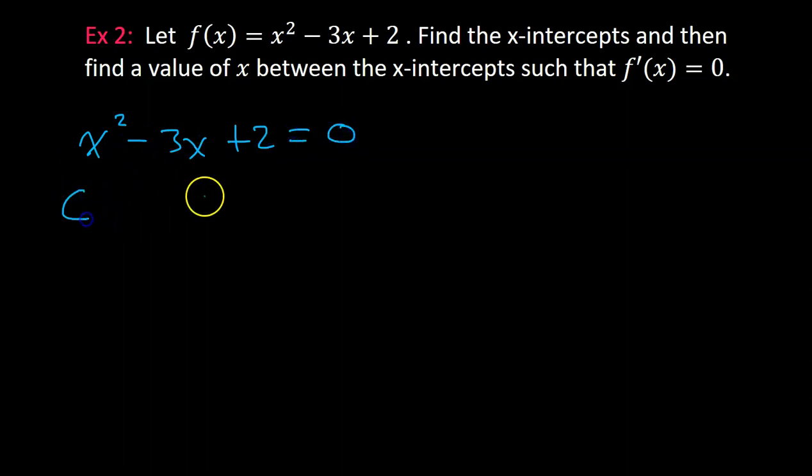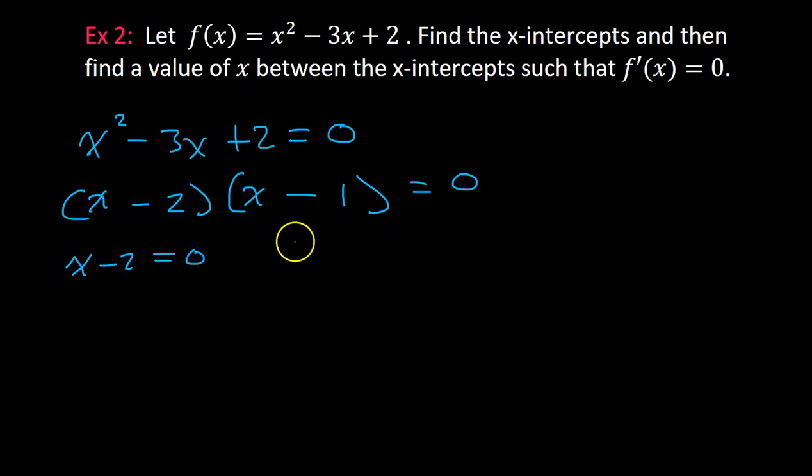This is factorable. So this is going to be x times x, and then 2 times 1, if both of these were negative, it'll give us the negative 3. So in factored form, the zero product property tells us x minus 2 equals 0 and x minus 1 equals 0.